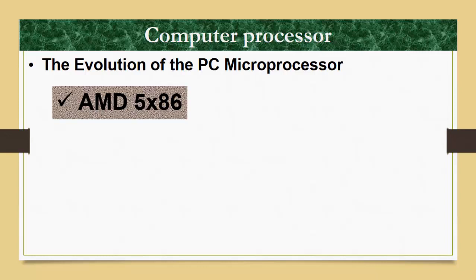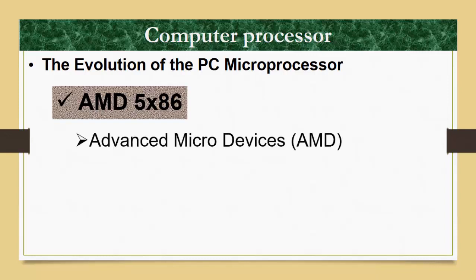But students, Intel did not have much competition until Advanced Micro Devices, or AMD, released its 75 megahertz 5x86 microprocessor. The AMD 5x86 processor was compatible with 486 motherboards, but had similar power to the early Pentium processors.